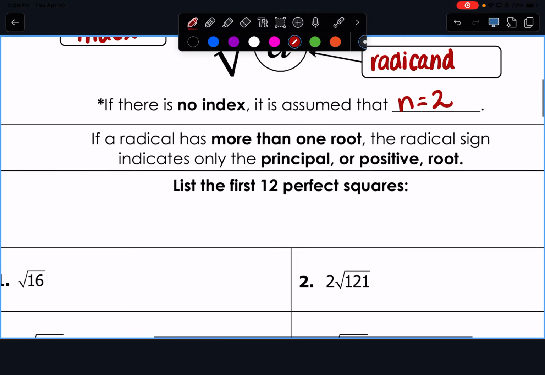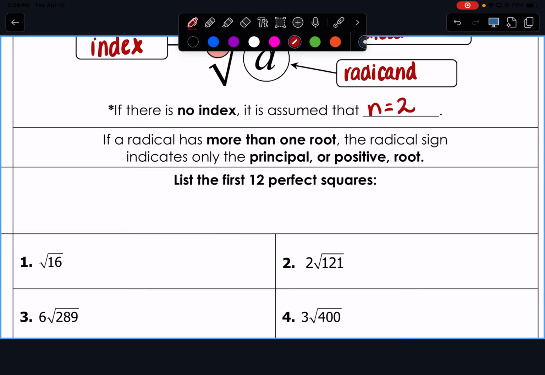So we're going to list out not just 1 through 12, but 1 through 15.